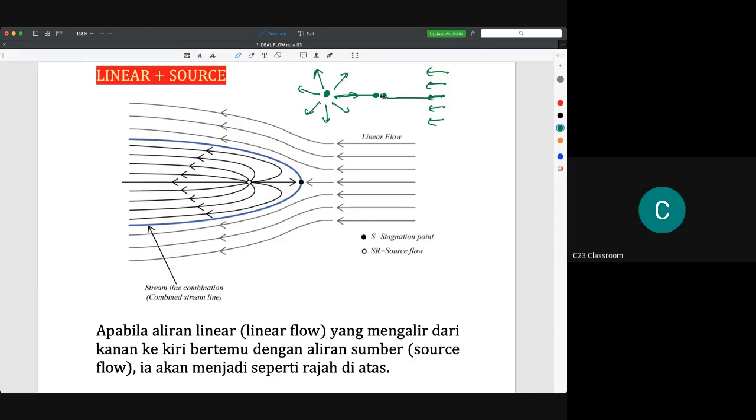Okay, tetapi selalunya kalau berlaku pelanggaran di dalam garis lurus yang ini, selalunya kita akan membuat anggapan bahawa molekul akan terberhenti untuk seketika. Itu sebab pada titik ini kita akan namakan stagnation point.